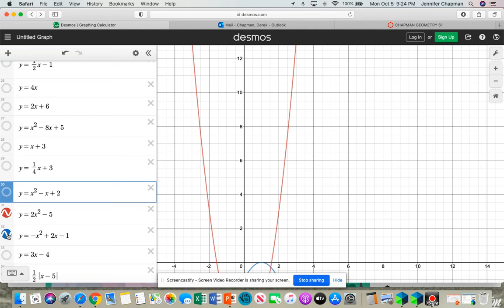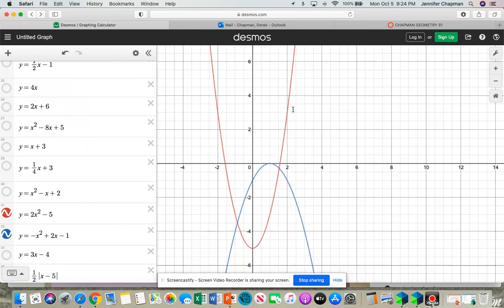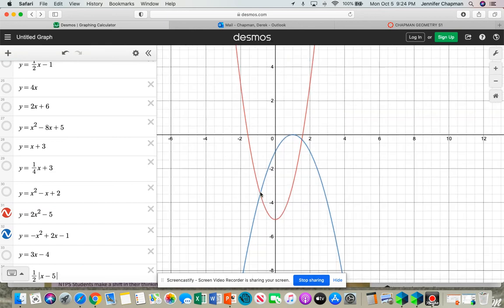Number 24, 2x squared minus 5, so that's my red function. Negative x squared plus 2x minus 1 is my blue function. Let me center this a little bit better. Again, click on that point of intersection. x equals negative 0.869, and x equals 1.535.